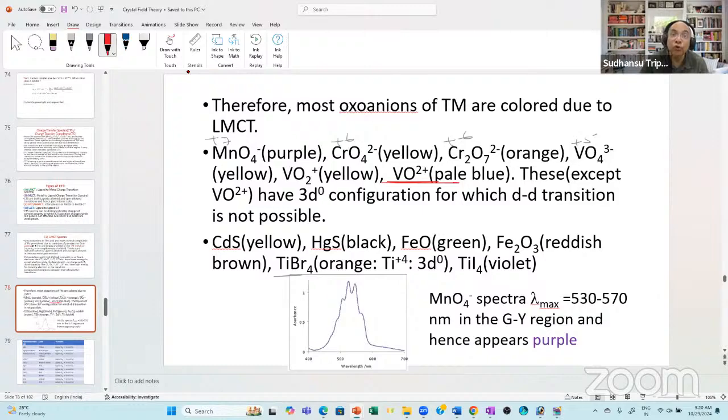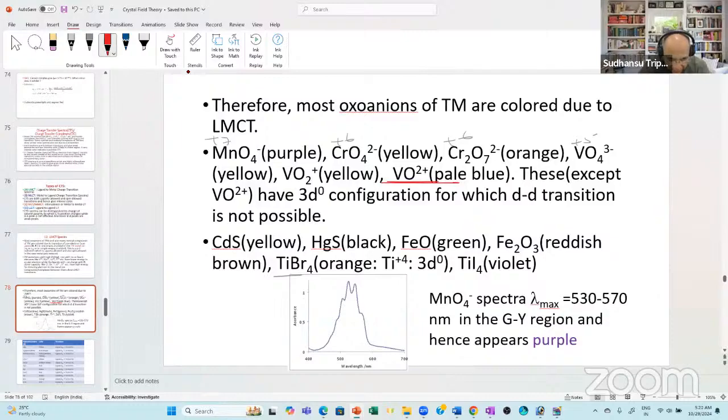How can you prove that it is not due to DD? There is one D electron, it could have gone. From the intensity of the peak, from the absorption peak itself, it will prove that it is not due to DD. DD peaks are like some little hills that you find in your locality. But Kilimanjaro, Himalayas, that is CTS.